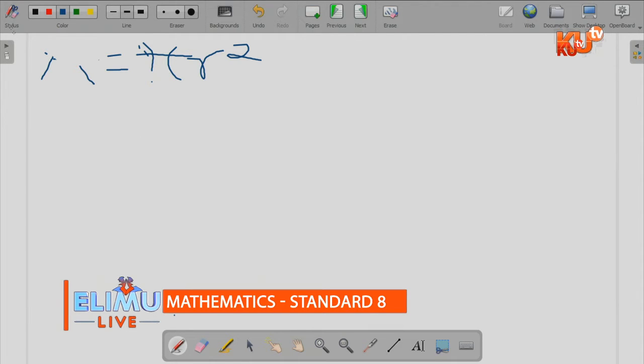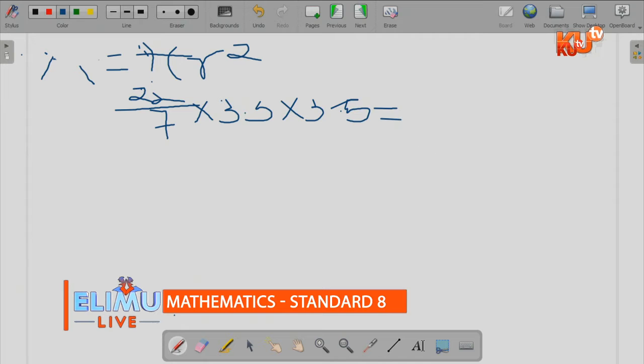So we'll say area is equal to 22/7 times radius, which is 3.5, times 3.5.